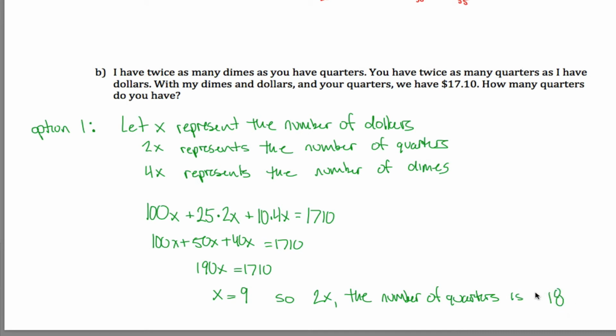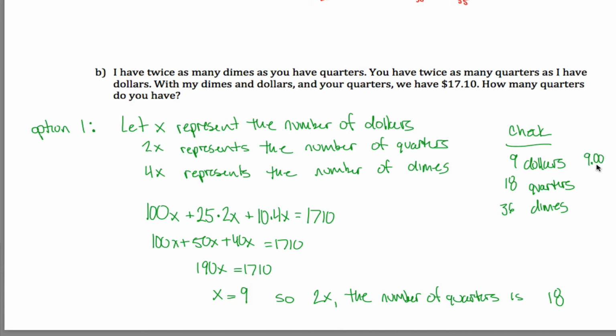And if you wanted to, you could check your answer. You could say, wait a minute, so I have $9, check. $9, and I got 18 quarters. And apparently I have 9 times 4, or 36 dimes. Does that work out?